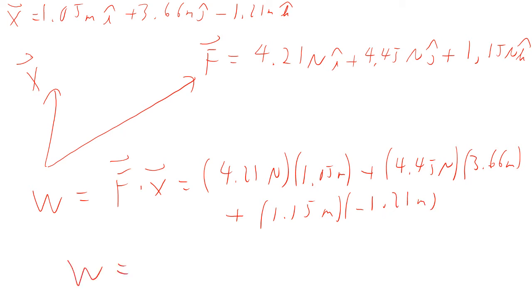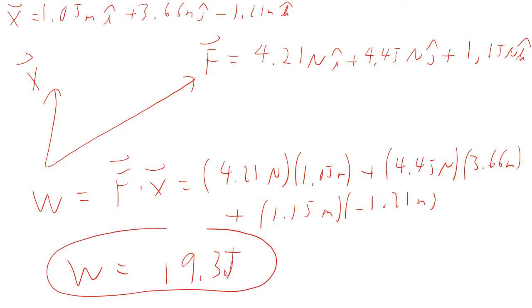And so the work done is 19.3 joules. So that makes it very straightforward. If you know F in component form and X in component form, this is how you would find the amount of work done by that force.